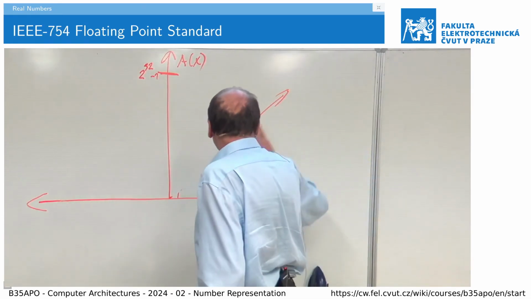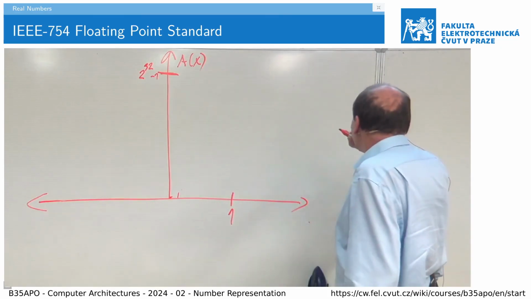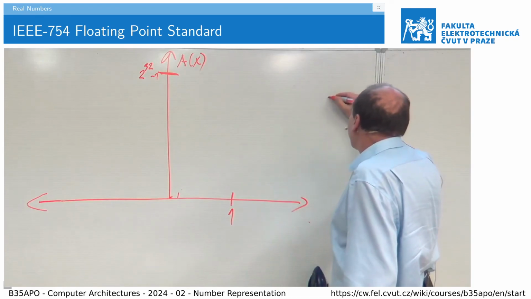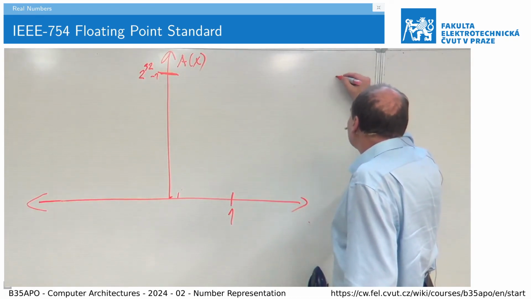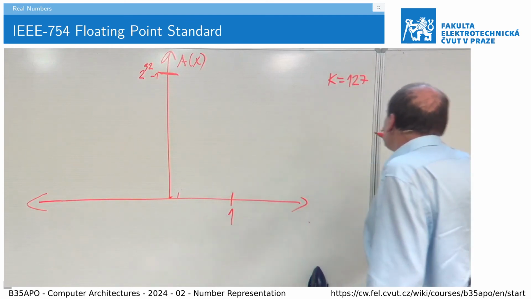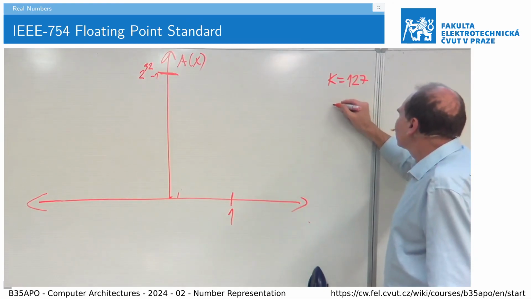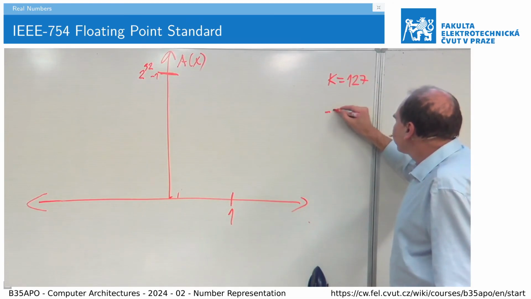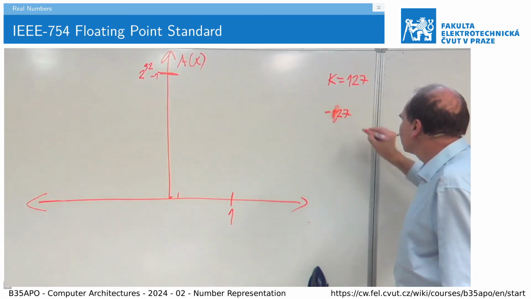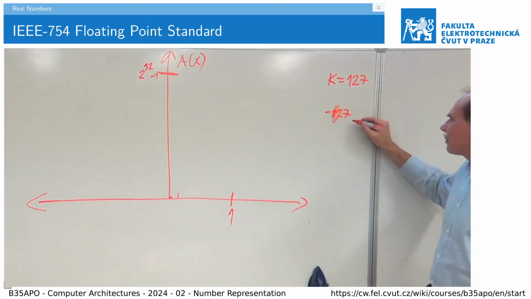And what we need to say, if we have some range for the exponent, is that the exponent is excess k, and k is equal to 127, so the smallest value is minus 127. But we take this value as a special one because we need somehow to represent 0.